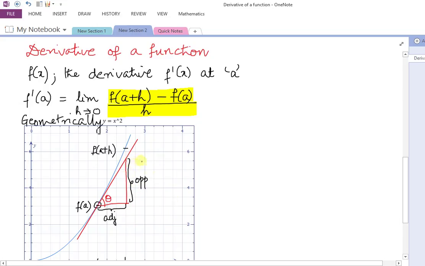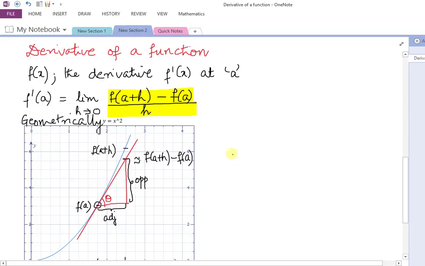And I can approximate this opposite side as f(a + h) minus f(a). See, it's only an approximation because the true value of f(a + h) is this, whereas the approximated value is this point. But as h is going to get smaller and smaller, this gap is also going to get smaller and smaller.